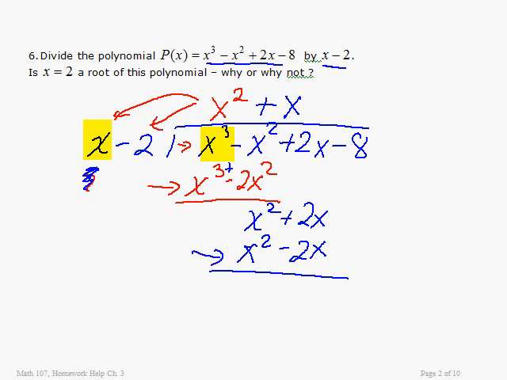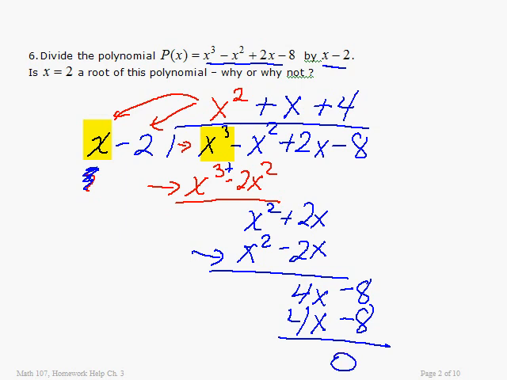That was the plan. 2x minus a negative 2x gives me 4x. All right? What does it take to turn x into 4x? Multiplying by 4. 4 times x gives me my 4x minus 8. Subtracting will be a 0. That means this is a root. It is a root because the remainder was 0.